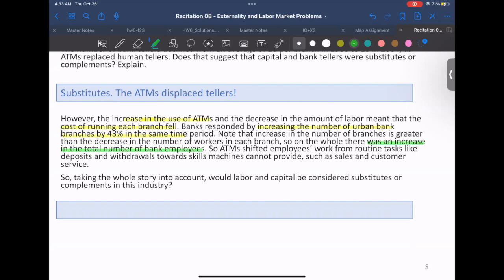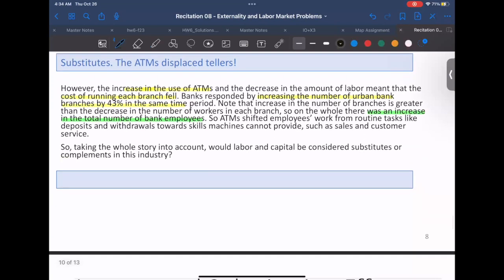So ATMs shifted employees' work from routine tasks like deposits and withdrawals towards skilled work machines could not provide, such as sales and customer service. So what this is saying is that, yes, ATMs displace tellers, but increased productivity caused there to be more banks, and in turn, more employees.